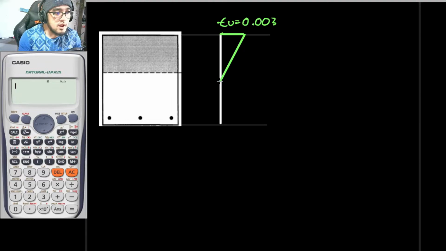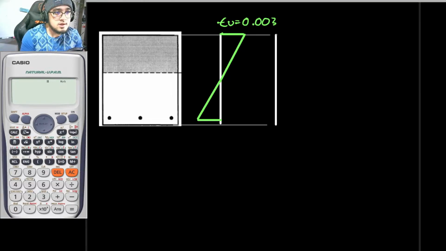And after this, going further, it would now experience tensile strain. So it would be like this. So this is its basic strain diagram. So if this is your strain, its stress diagram would now look like this. So let's say that this is its stress diagram.